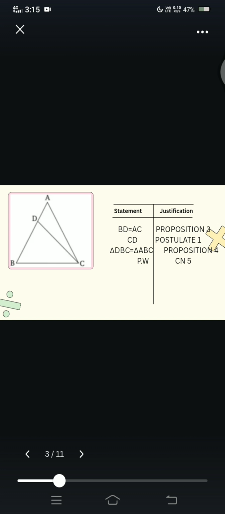Since we cut line AB, we got point D, and opposite to line AB is point C. So we connect point D to point C, and that gives us line DC.